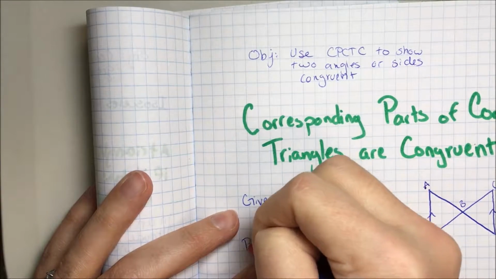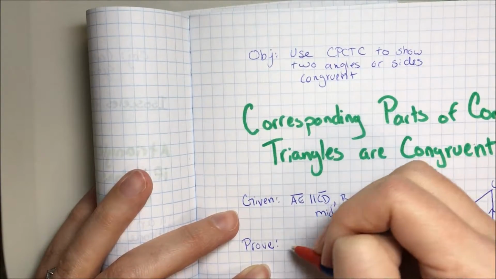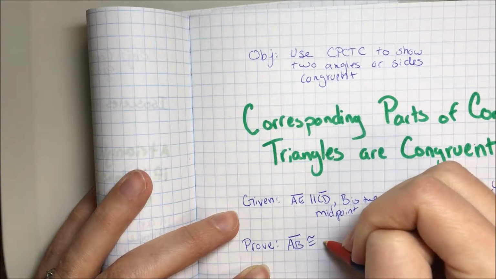I want to prove that AB is congruent to DB.